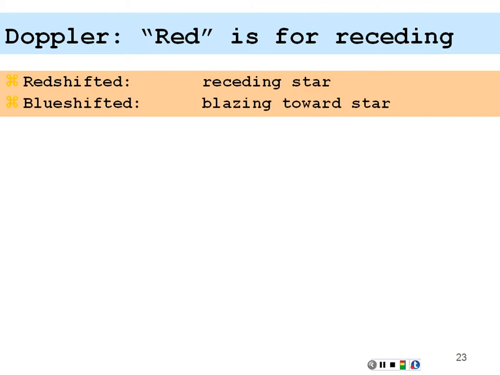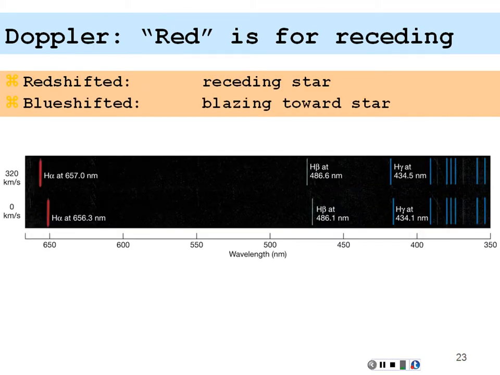Here's an example of a spectrum that you might see. In the laboratory, you would know what the hydrogen spectrum looks like. So at zero speed, you know what that spectrum should look like, and you get the lines of the hydrogen spectrum. So if you're looking out at a star and you see that same spectrum and you see that it's shifted in wavelength and hence in frequency, you can see which way it's shifted. If it's shifted towards the red, it is a receding star.